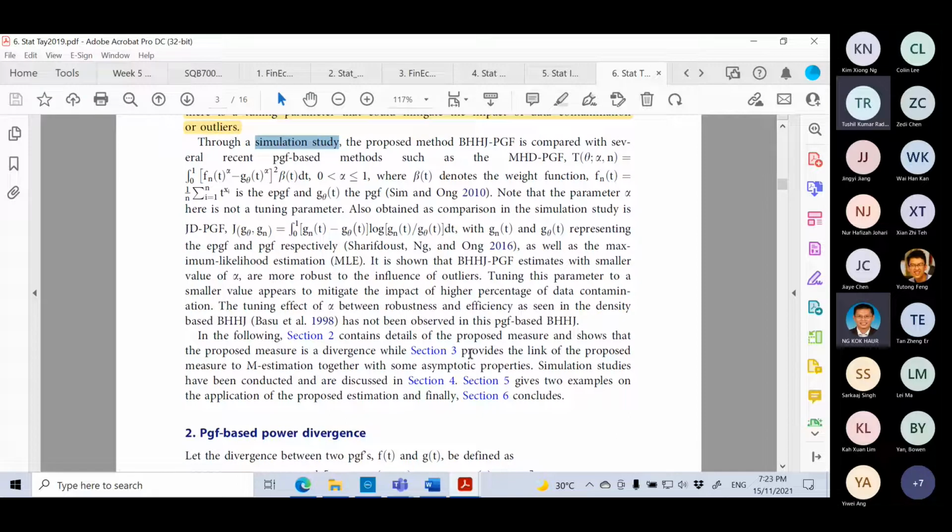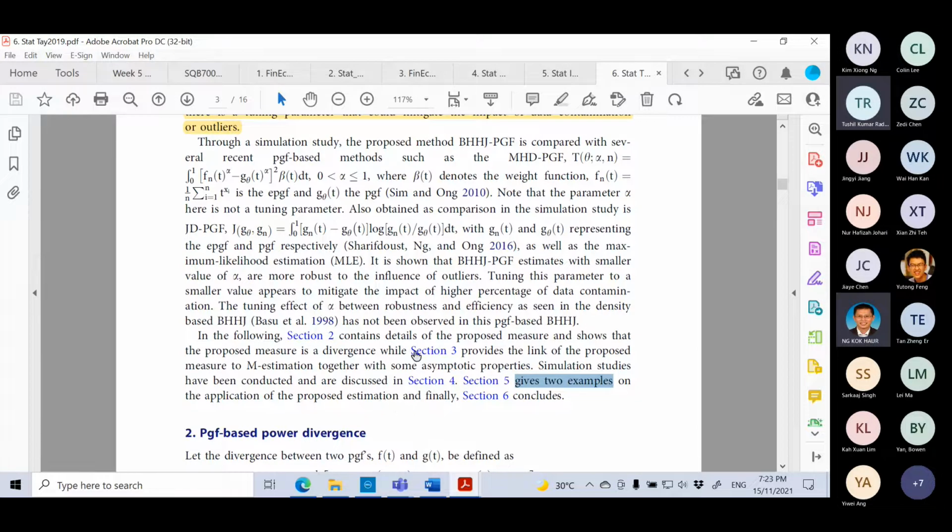They simulate the data and then demonstrate the answer. If you observe this section, they provide two examples on the application of the proposed estimation. They show how to use it, and whether their method is better than the existing methods.